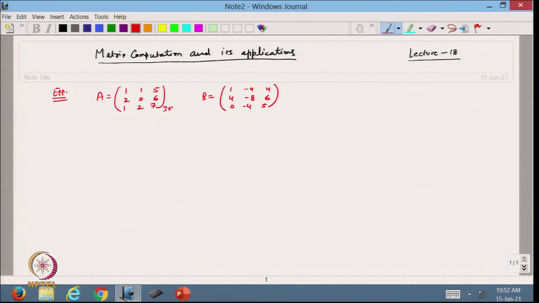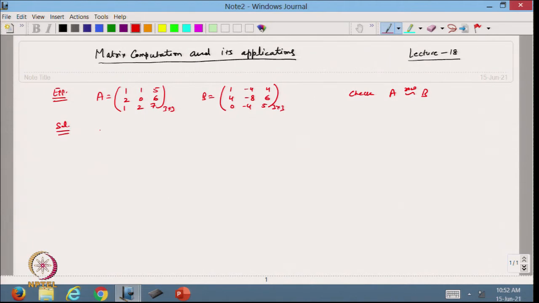We are taking 3 cross 3 matrices, and we want to check whether A is row equivalent to B or not. So, this is what we want to check.